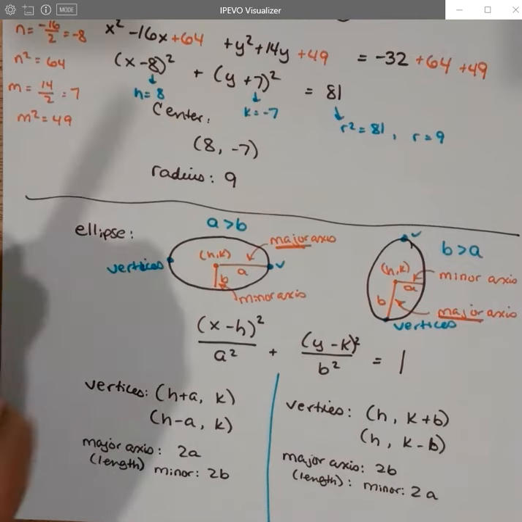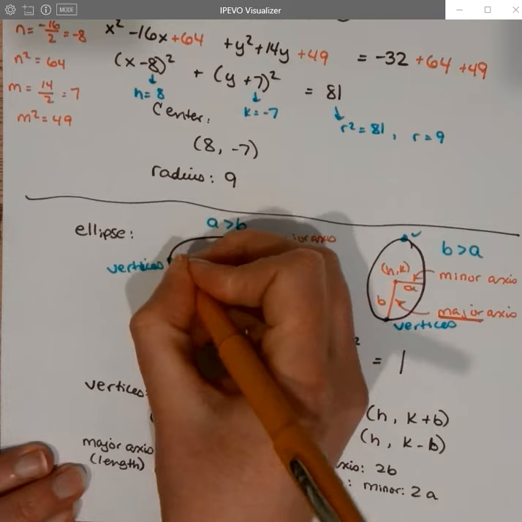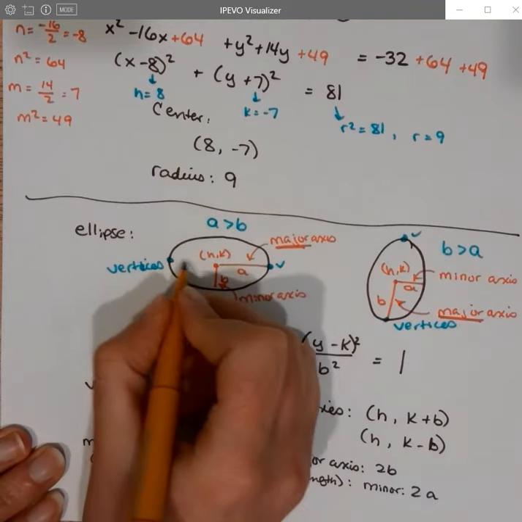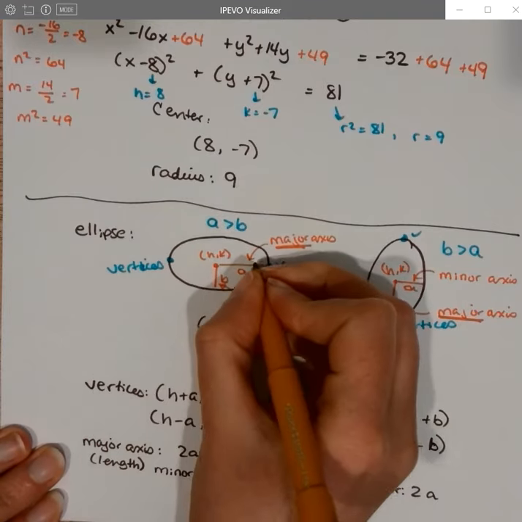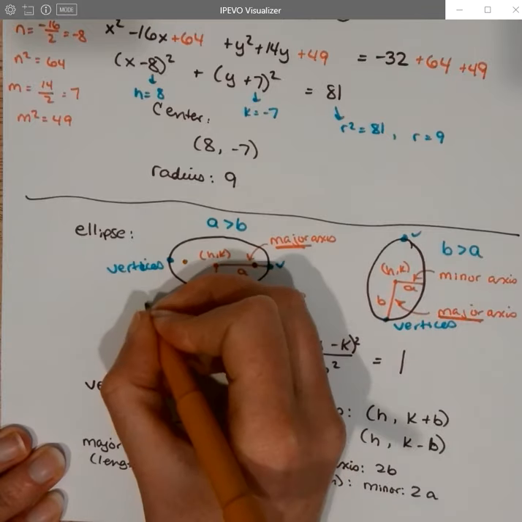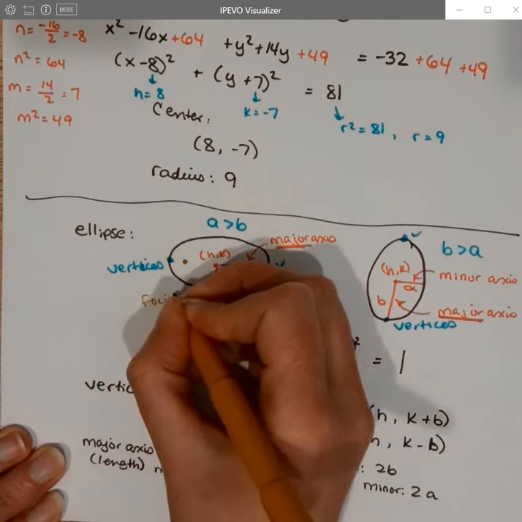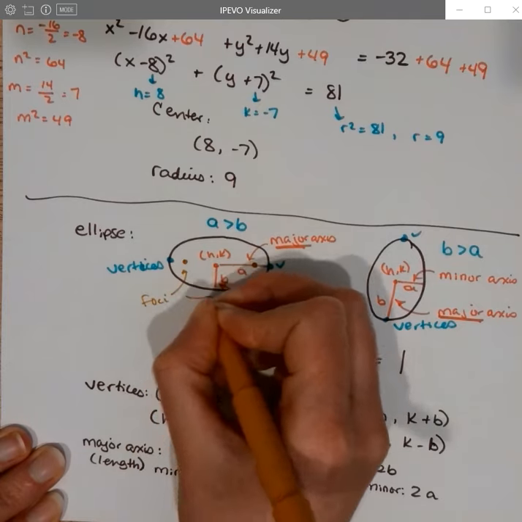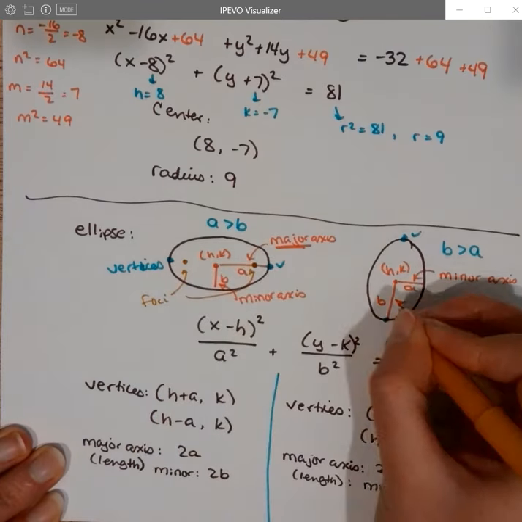Okay, and the last thing that the ellipse has is a focus somewhere on the major axis. It has two foci, which is the plural of focus. They are symmetric, on the major axis.